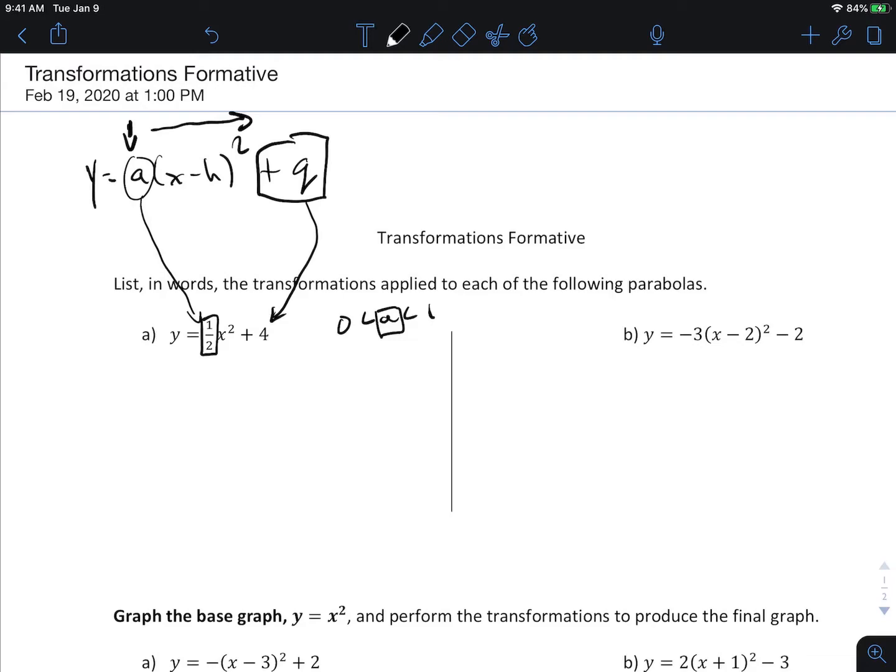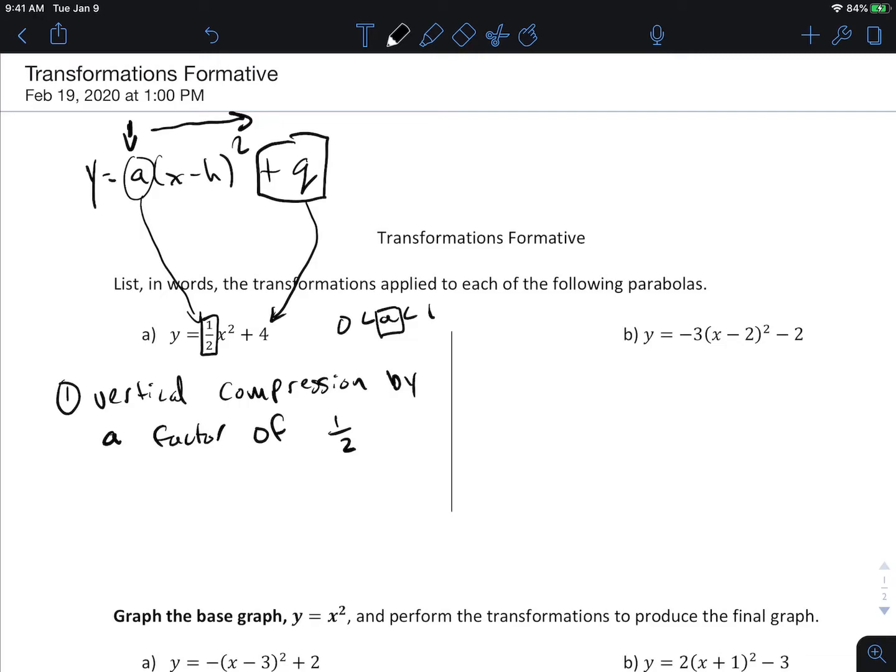So if the number is less than 1, then I know that there is a vertical compression. I won't be too strict on the language for the quiz, but on the test I might be a little bit more strict, by a factor of 1/2. Okay.